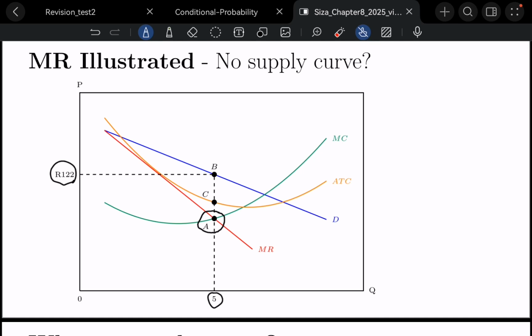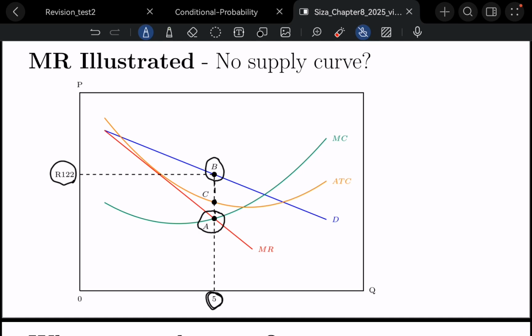You do not use the price that's given by the point where marginal revenue is equal to marginal cost. So you know that I'm going to produce 5 units because that's where marginal revenue is equal to marginal cost. And then you go up to meet the demand curve. And at point B is where the quantity of 5 units that would maximize your profit meets the demand curve.